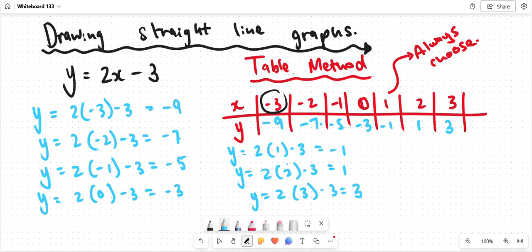So what does this actually mean? It means when we go plot this, this first column represents a singular coordinate.